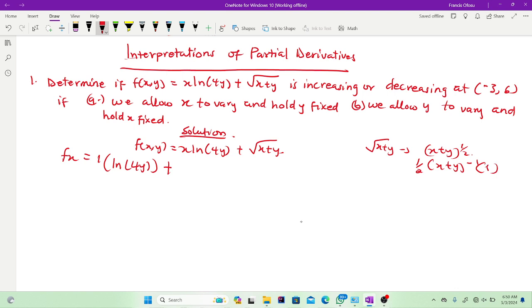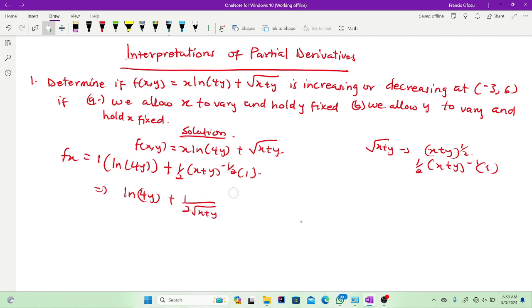So the partial derivative of root of x plus y with respect to x gives 1 out of 2 times x plus y to the power -half. Here I subtract 1, so it's -half multiplying 1. And this gives ln 4y plus 1 over 2 root x plus y.